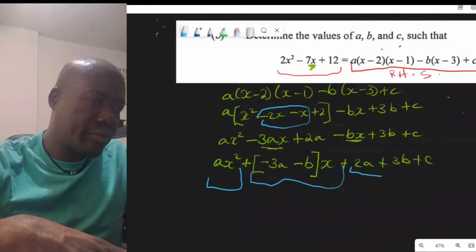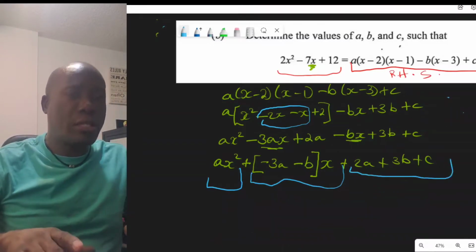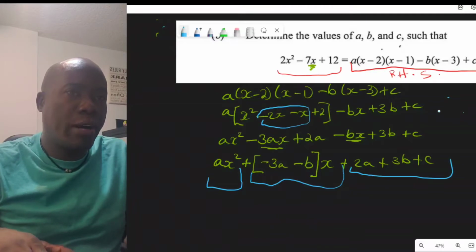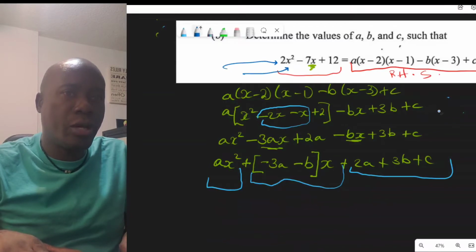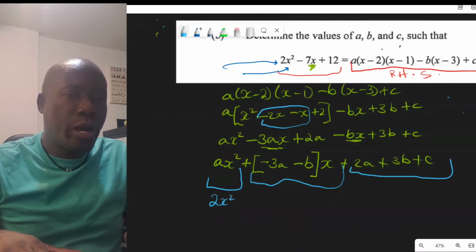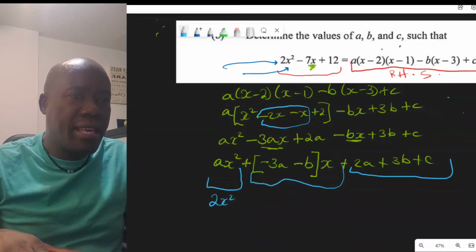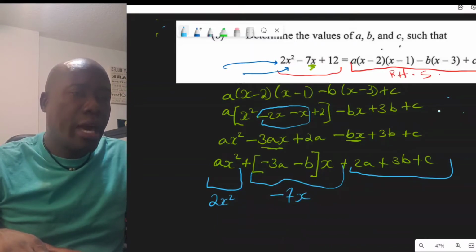Now, if we're focusing on everything, I want us to look back on the left-hand side up here, focusing on that original quadratic that we got. What we have here is the 2x squared. The 2x squared will link to the ax squared, and the negative 7x is this middle piece here, the minus 3a minus b and into x there.